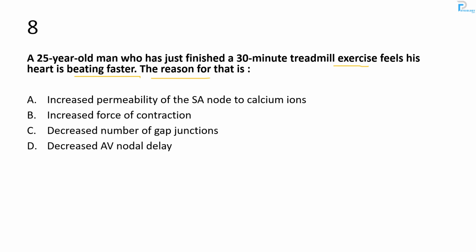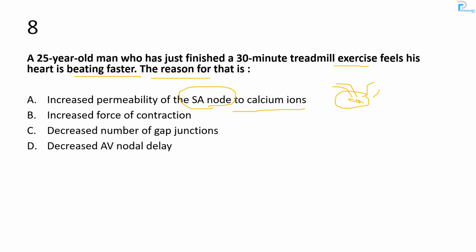So anything related to heart rate has something to do with the SA node, because the SA node is the pacemaker of the heart. That is where the impulses are generated. So when the permeability to calcium increases, it means more calcium will get into the cell, and more calcium means positive ions, so that will cause the depolarization, the pacemaker potential, to happen faster.